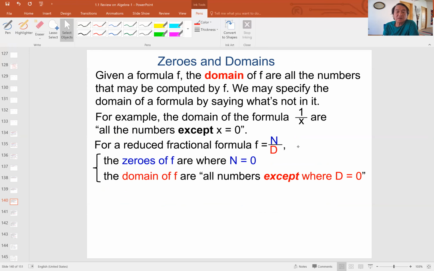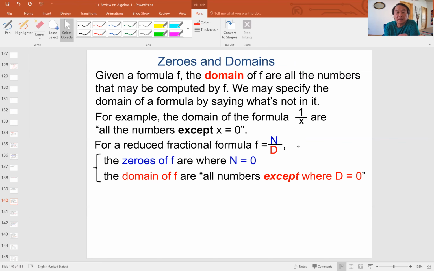Finally, we solve equations, and one of the things about solving equations is to answer the following 2 questions. If I'm given a fractional formula, what are the zeros of the formula, and what are the points where it's not defined? In other words, the domain. The domain is where the formula is defined.